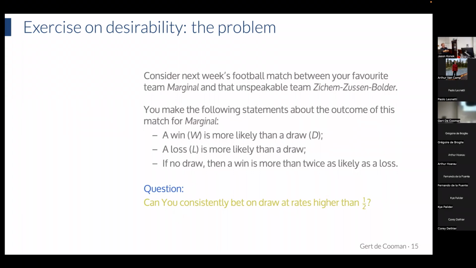What does it mean? I just thought that if you bet on an event at a rate higher than 1/2, that just means you think it's more likely than its negation. Oh, this is another way of, okay. So it's more likely that it was D, and then you multiply by 2 and you use the disparity.